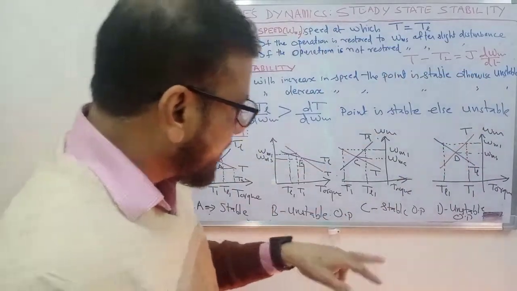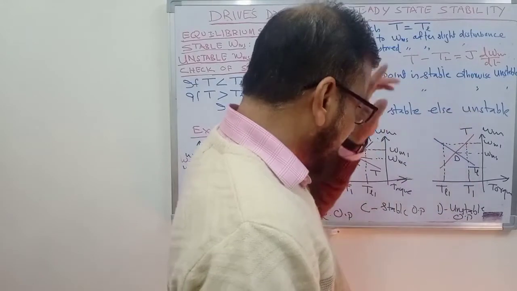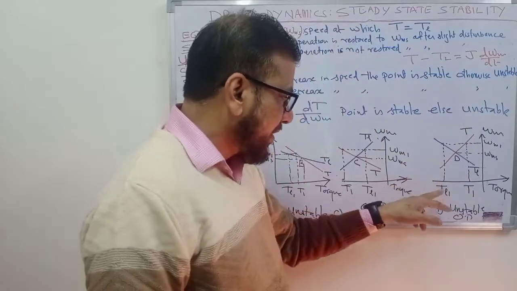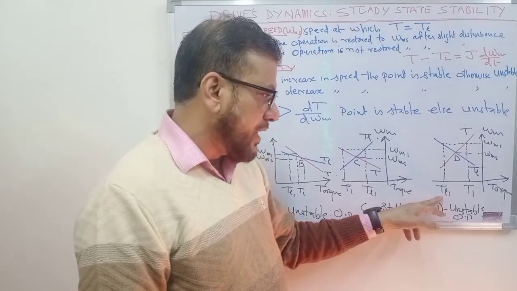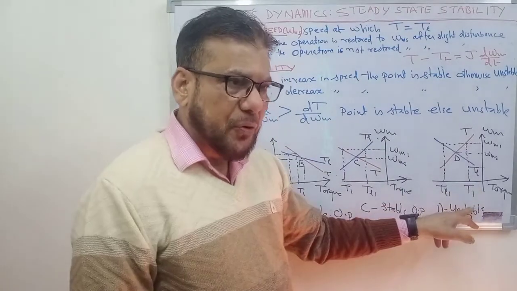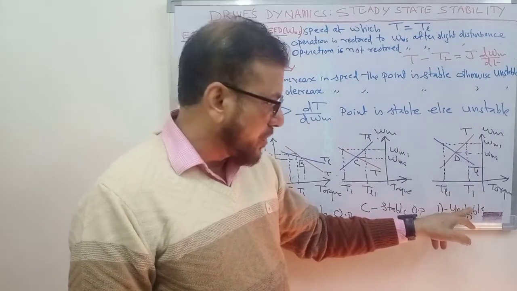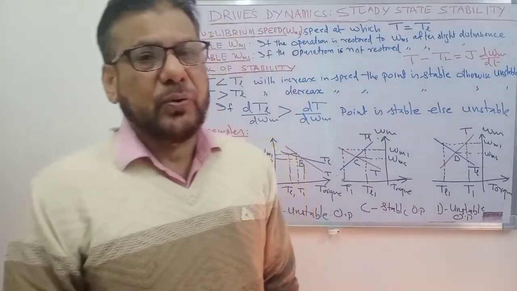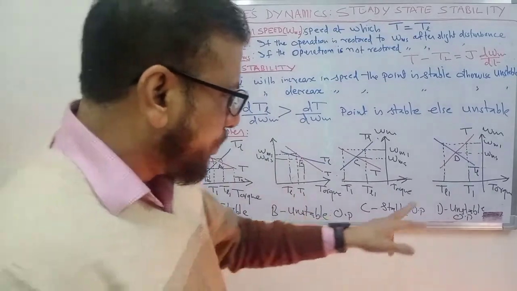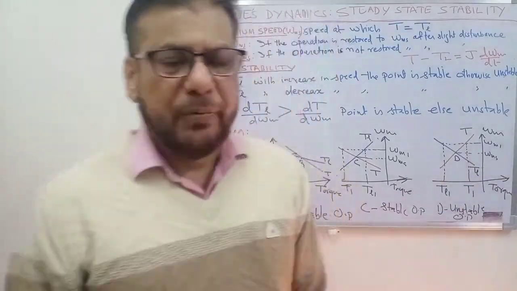But here, with the increase in speed, the magnitude of the driving torque, that is load torque, has become more than the magnitude of the opposing torque or the braking torque, that is the motor torque, and the motor speed will never be restored. So you can say that point D is an unstable operating point.